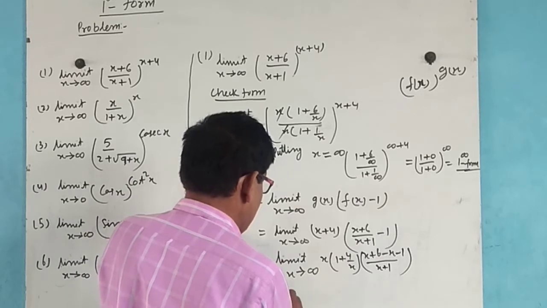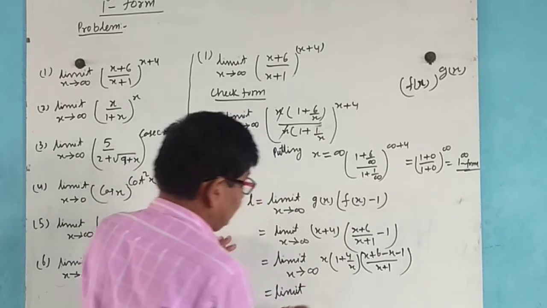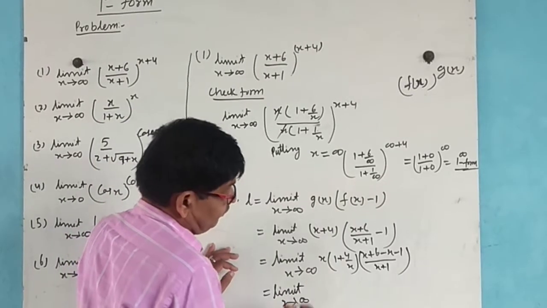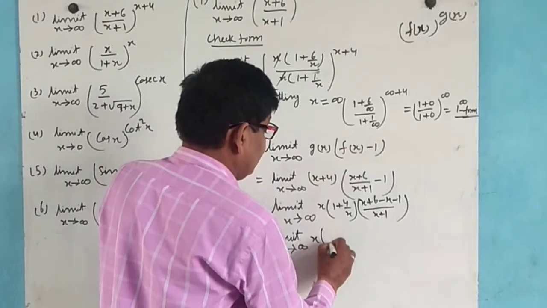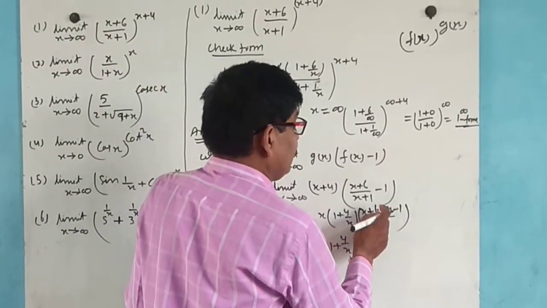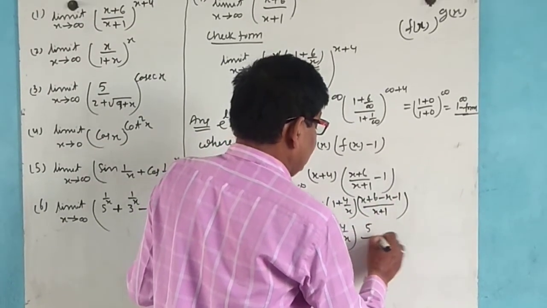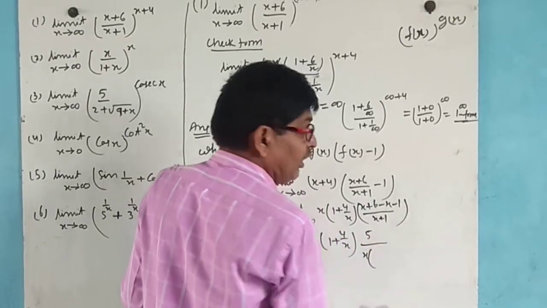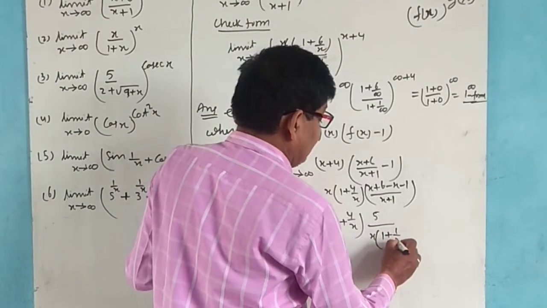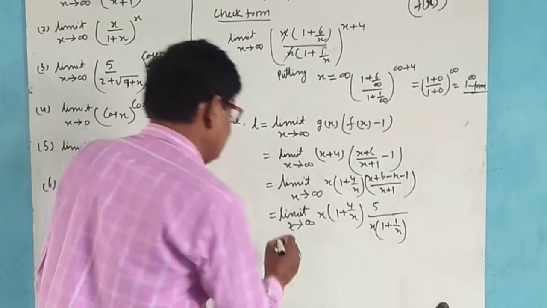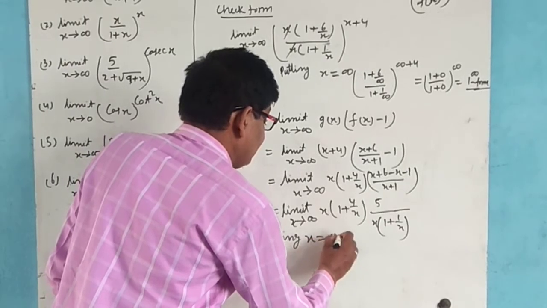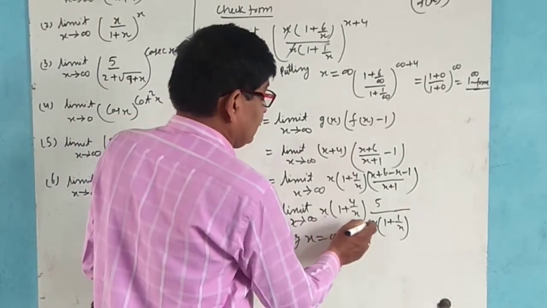Now limit x tends to infinity, here x times 1 plus 4 by x, and this x cancels, 5 by, here in this case x also taken common, that is 1 plus 1 by x. Putting x equal to infinity, this x and this x are removed.